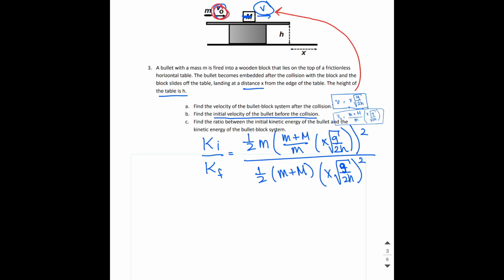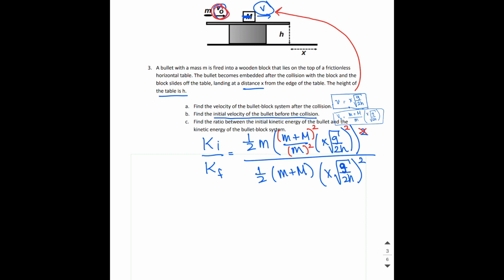Okay, a lot of things are going to end up canceling, but one thing I need to make sure to do is that if I have a squared out here, it's going to distribute, so I'm going to take that away, square this, and square this.